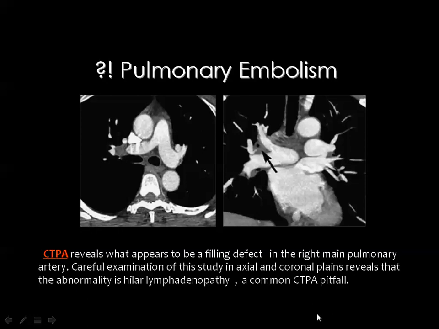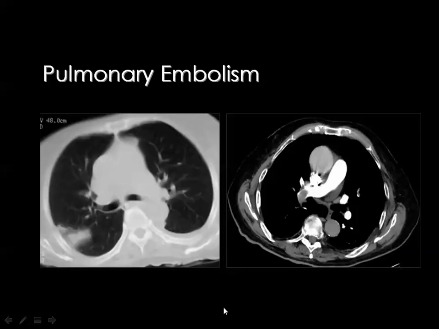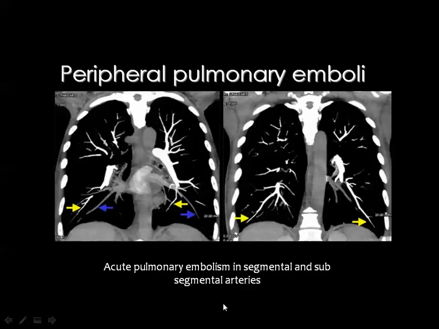Then care should be taken whenever interpreting pulmonary embolism, especially on the right side related to the right main pulmonary artery. But in this case, you see this is the right main pulmonary artery, and you see a filling defect here, and if you look to the lung window and you see a pulmonary infarction, then this is an intraluminal thrombus, diagnostic of pulmonary embolism.